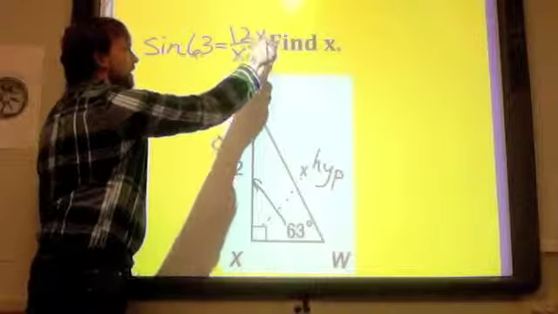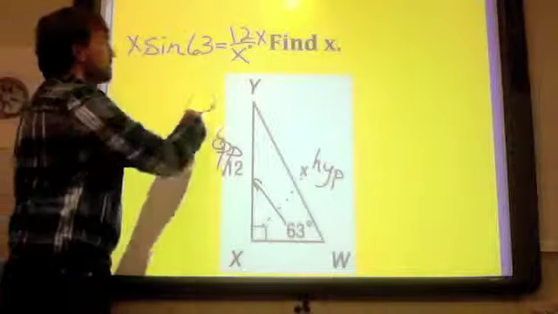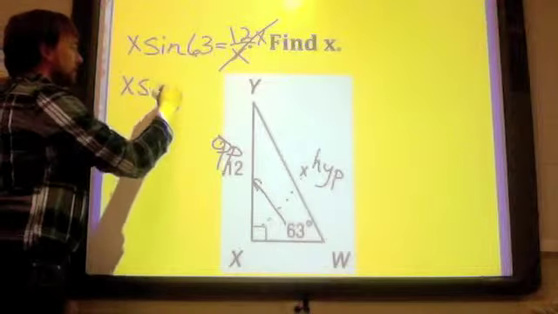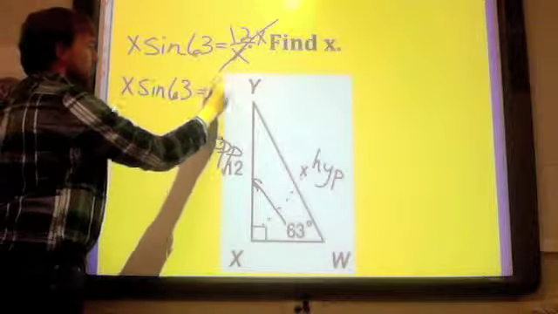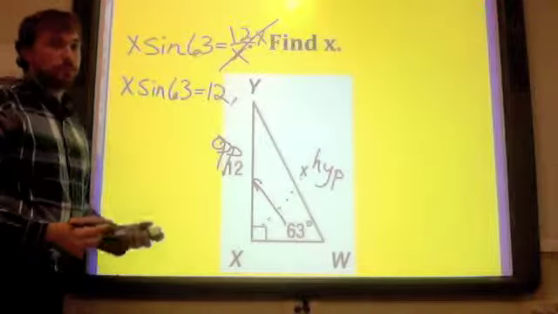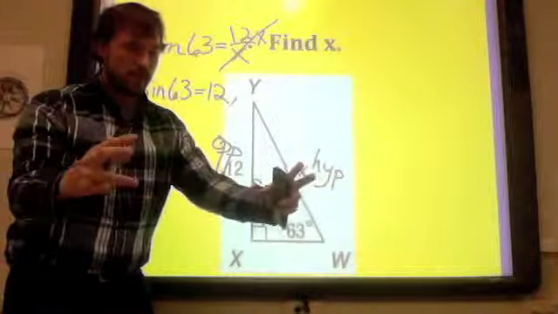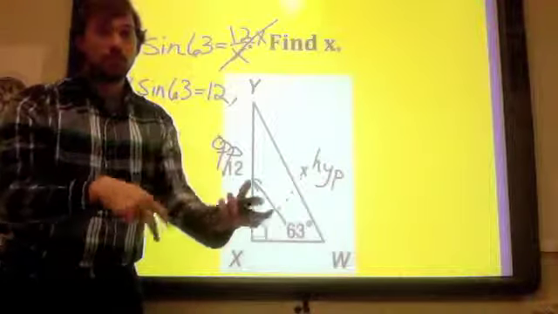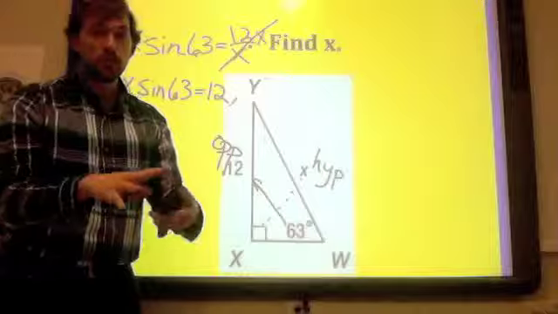So now you just do your little algebra. Multiply by x on both sides. Cross it out. This becomes x sine 63 equals 12. And now you divide by sine 63 on both sides, because the sine and the 63 have come together and they cannot be separated. The 63 can't move on its own or multiply on its own.